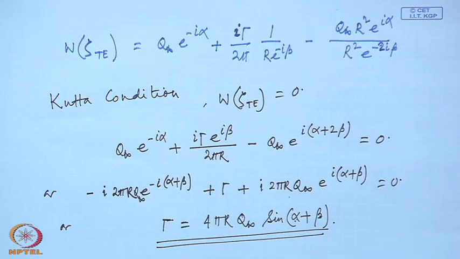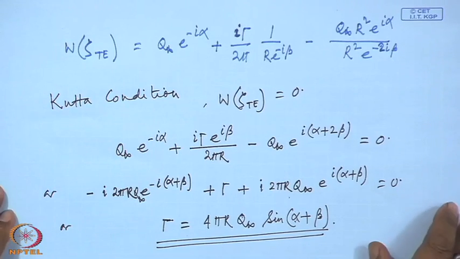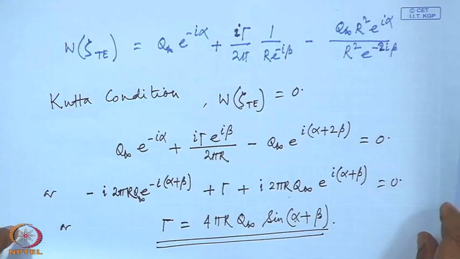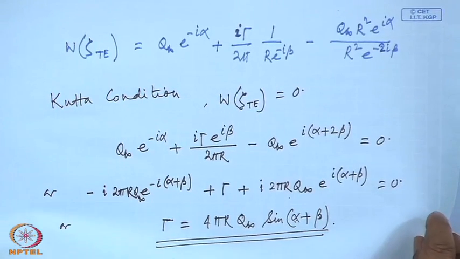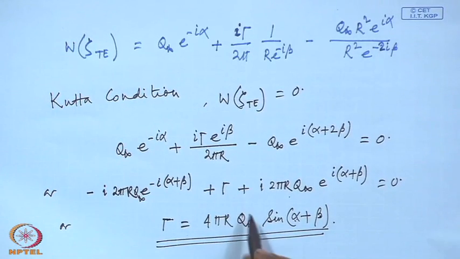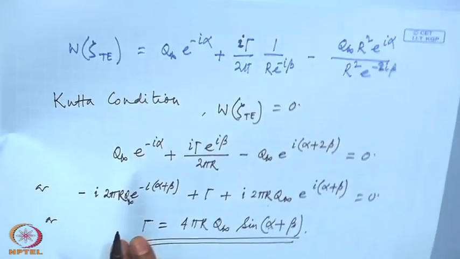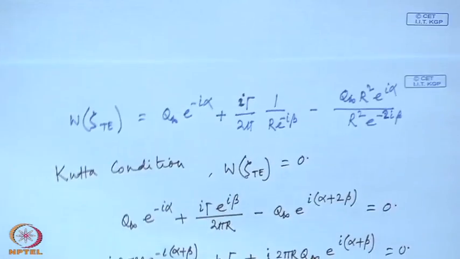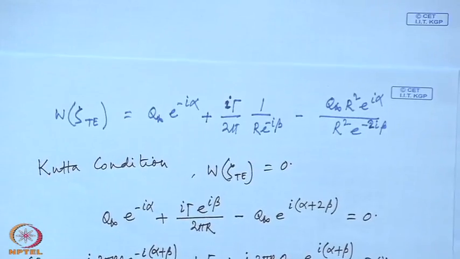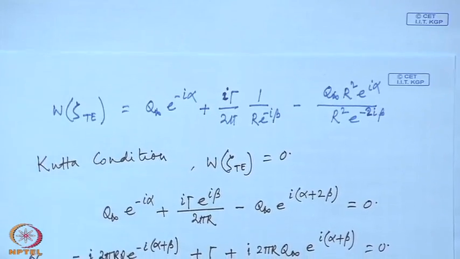We will see later on what is the meaning of this. At this stage it tells the circulation only depends on the free stream velocity, angle of attack and this relative location between the center and the critical point, or trailing edge, or the rear stagnation point.